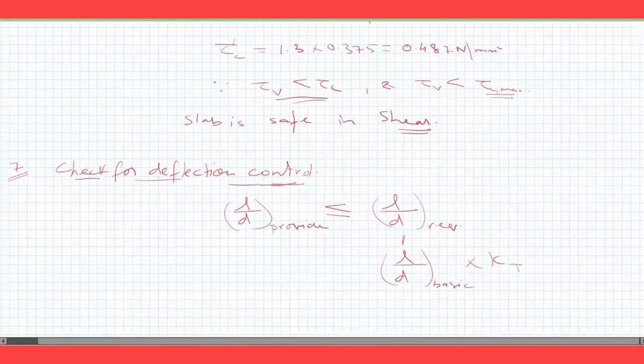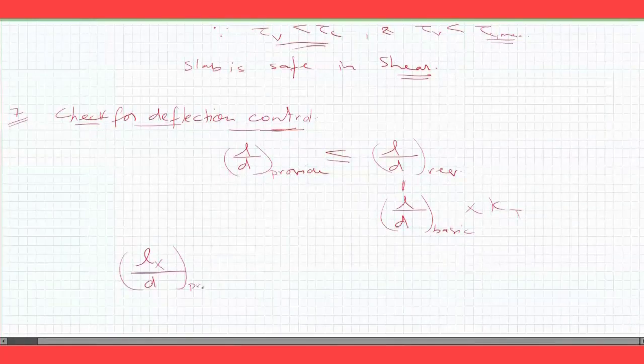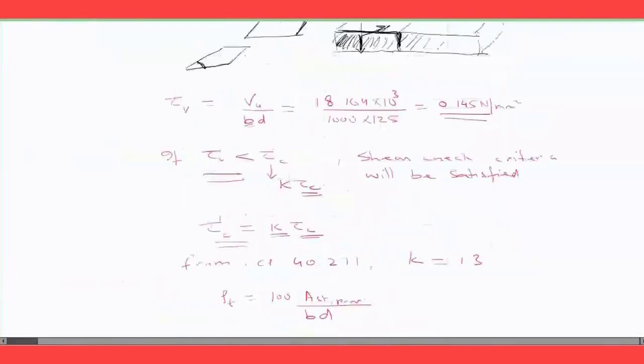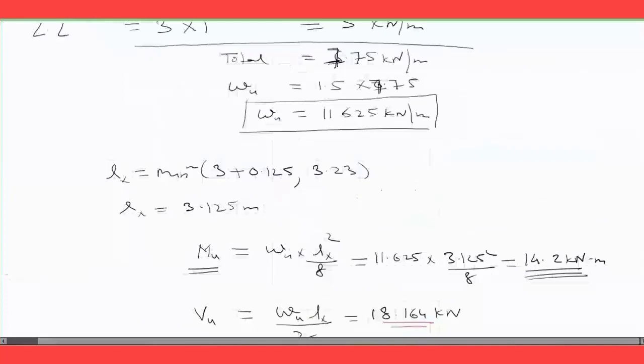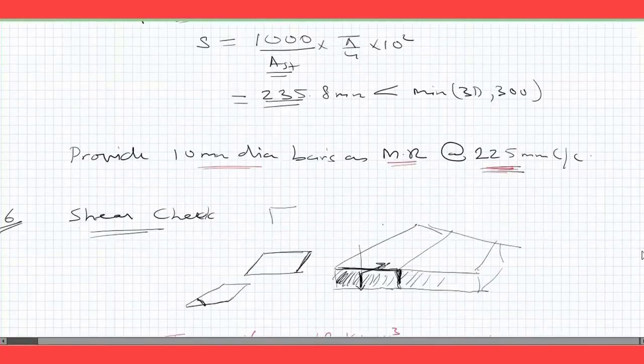So let us write first L by D provided. Since bending is taking place in the shorter span, it will be Lx by D provided. If you remember, we had computed this effective span Lx, it is 3.125 meter.